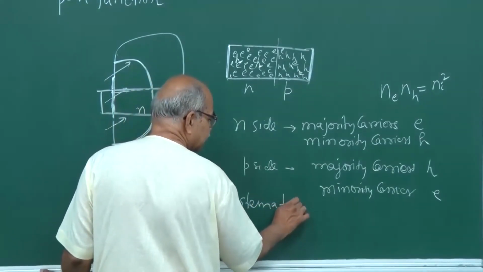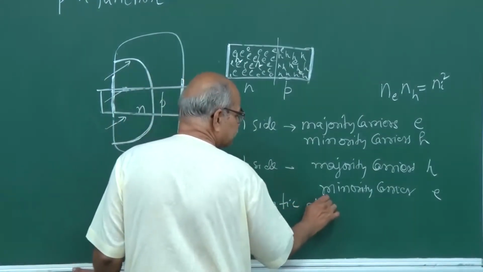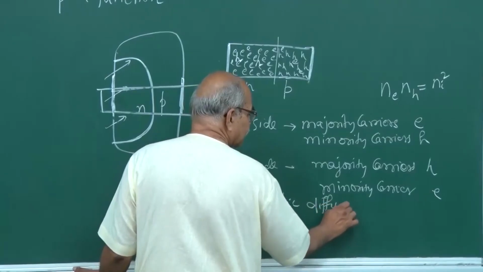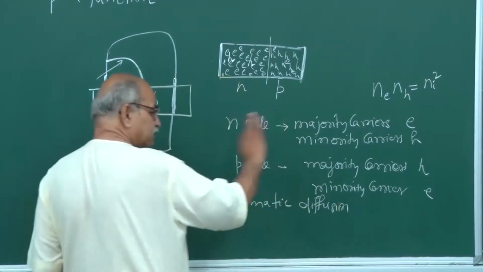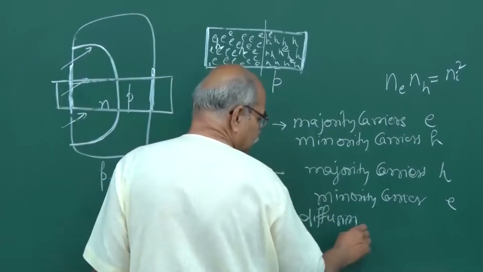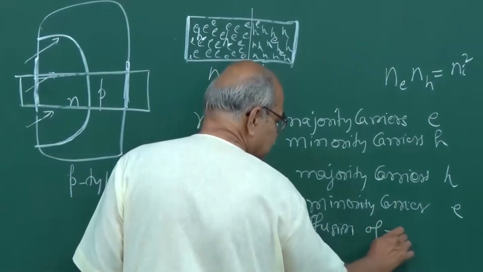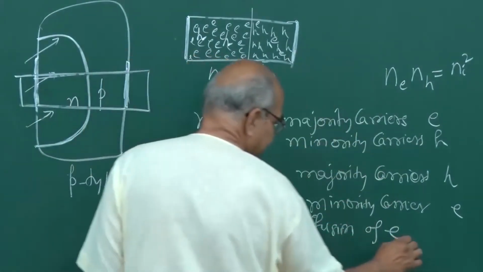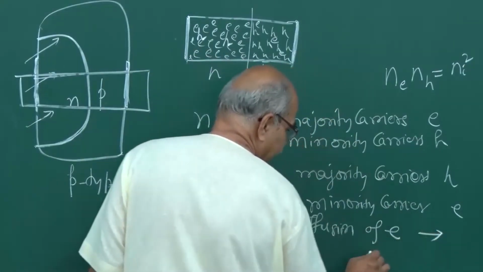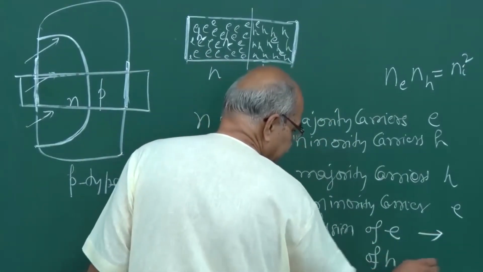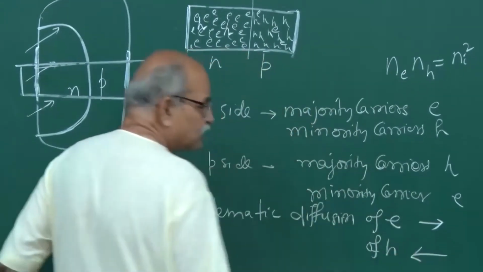We call it diffusion, systematic diffusion. Diffusion itself is some kind of systematic flow. So of electrons in this picture, it will be from left to right, and of holes in this picture, it will be right to left.